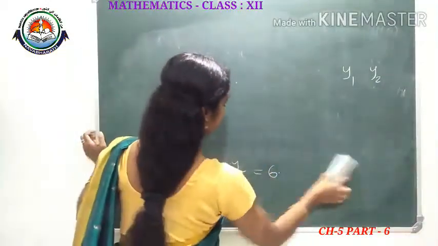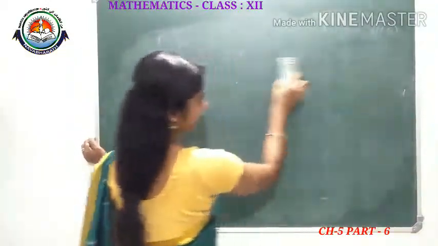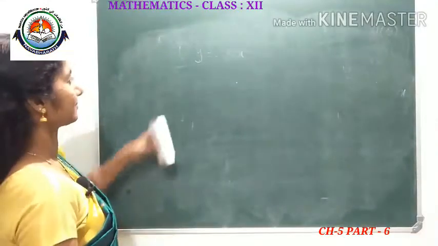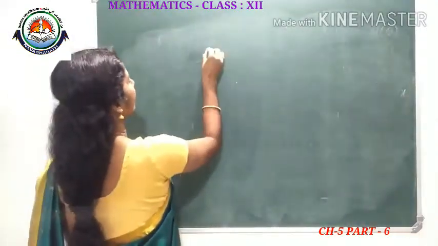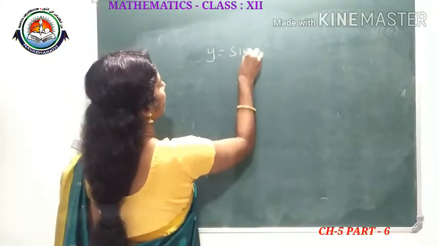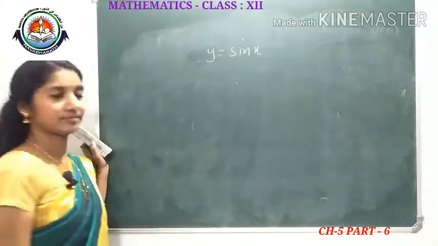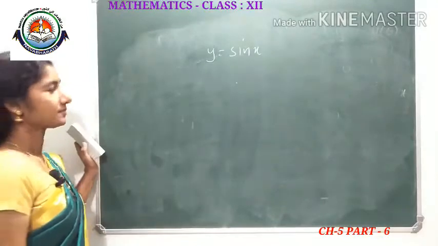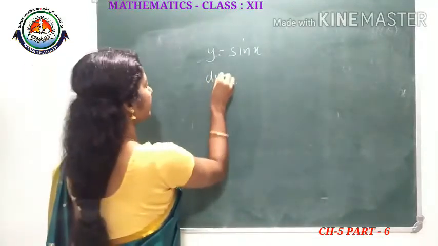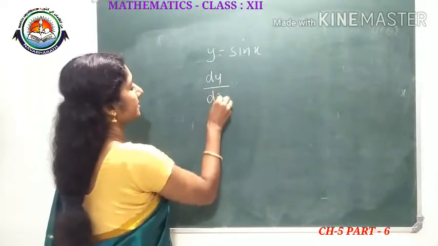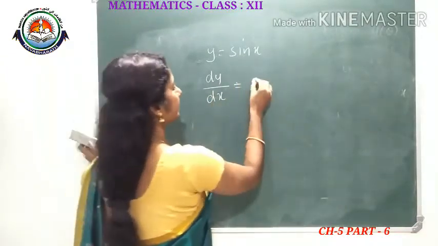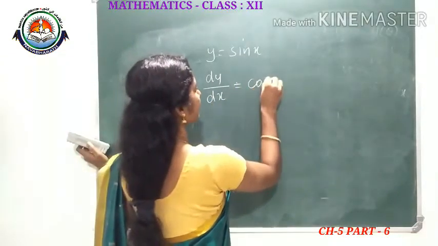One more equation. y equal to sin x. What is the derivative of y with respect to x? dy by dx is equal to cos x, the derivative of sin x.